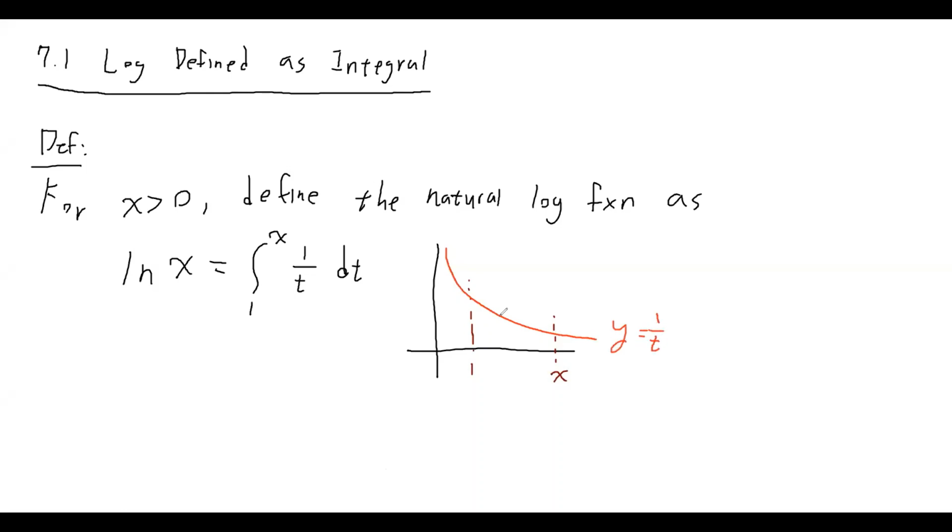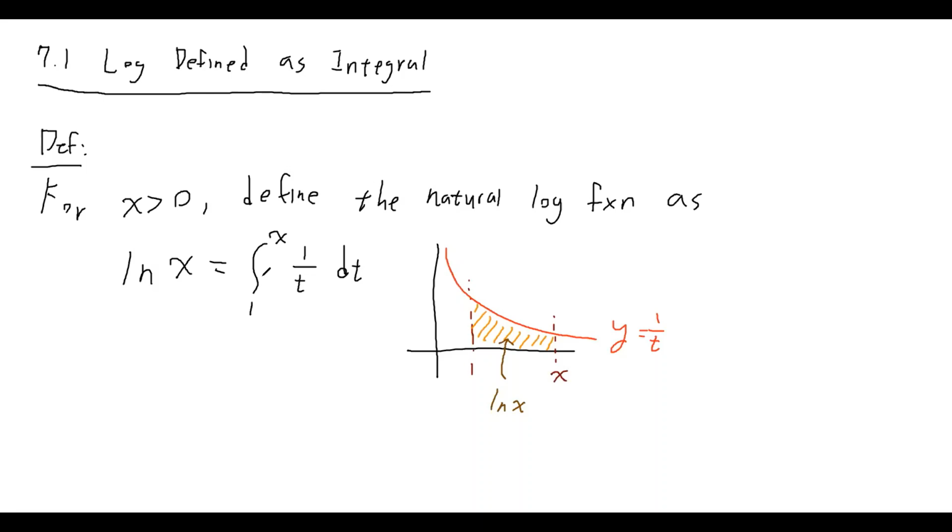What we're saying is the area under the curve between 1 and x is equal to ln x. So that's basically what the definition is saying. We'll look at some examples in a second.